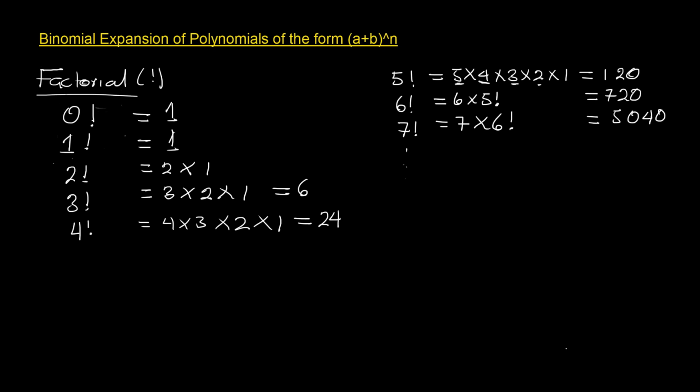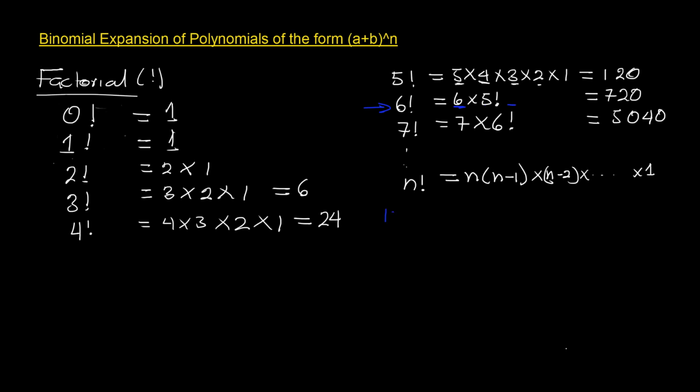In general, if we continue this to the number n and we want n factorial, then n factorial is defined as n times n minus 1 times n minus 2, and this continues till we get times 1.